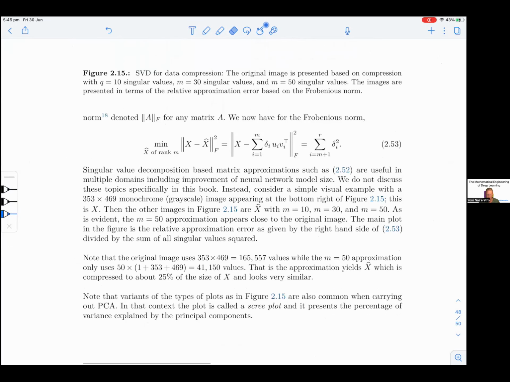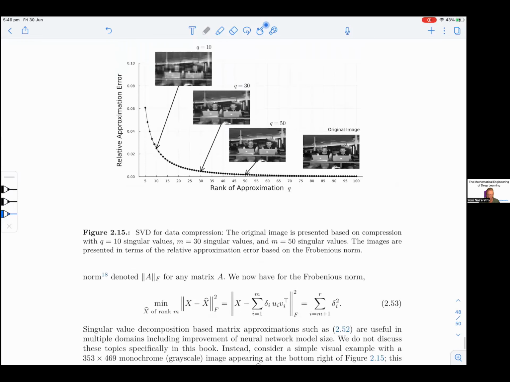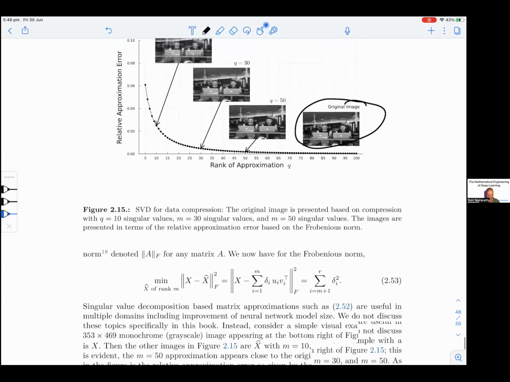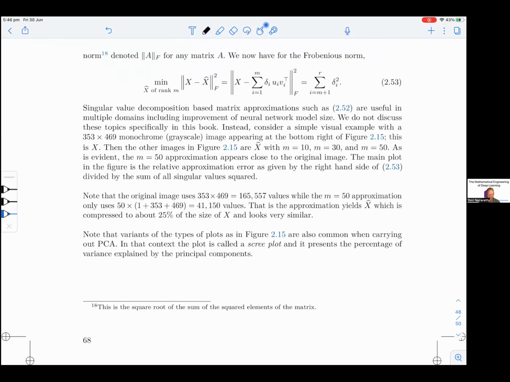Instead, consider a simple visual example with a 353 by 469 monochrome grayscale image appearing at the bottom right of figure 2.15. So here we have a figure. That's the original image. This is X. Then the other images in figure 2.15 are X hat with m equals 10, m equals 30, and m equals 50.